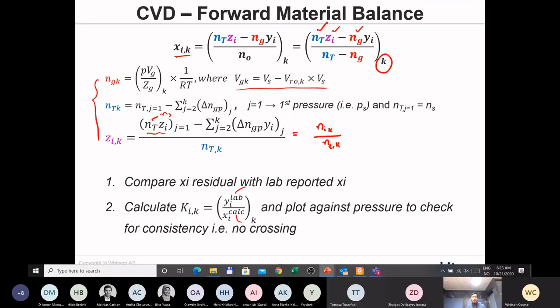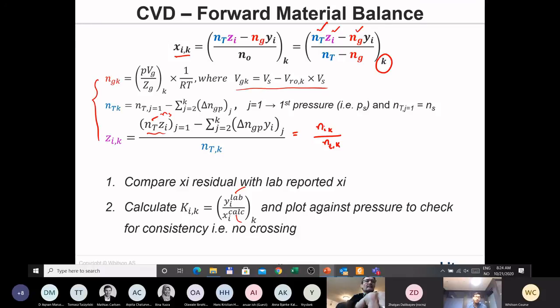So if you have a very good CVD experiment, with all the measurements done very accurately, and the forward material balance and backward material balance closing very accurately, then you can actually use this calculated K value data in the tuning of your equation of state model.